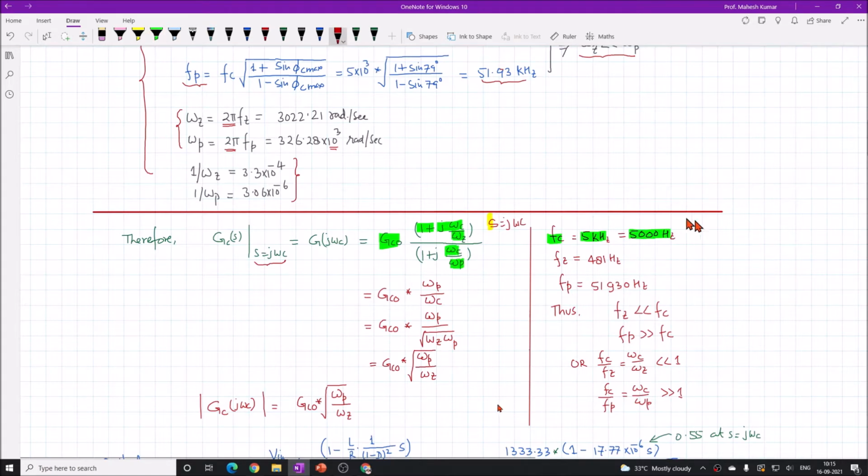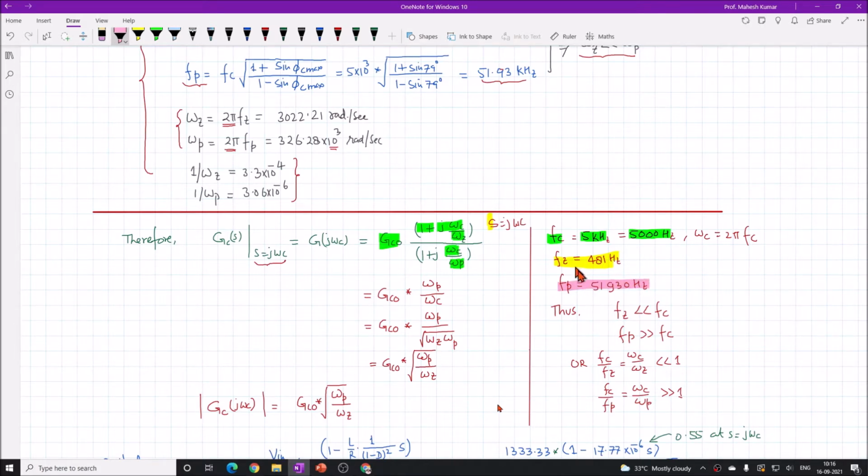If you want to find out omega c, then it will be 2 pi into Fc. And if you recall, the value of Fz is 481 Hz. The value of Fp is 51,930 Hz. So what do we see?